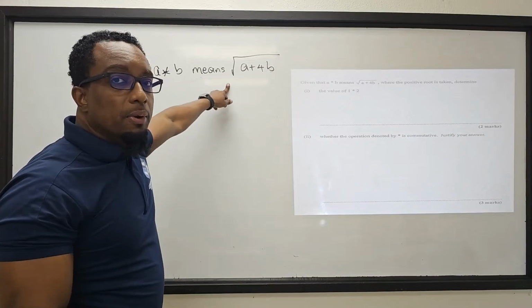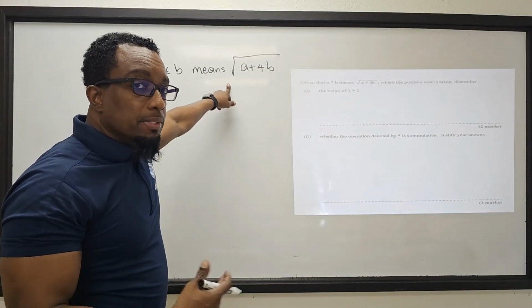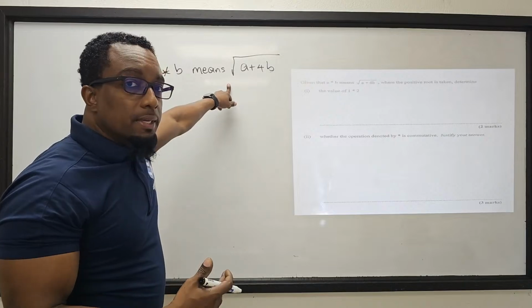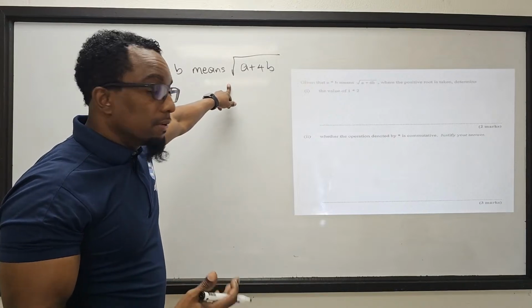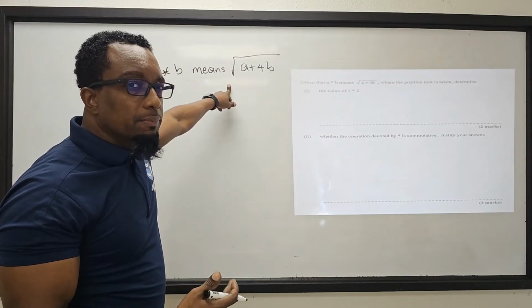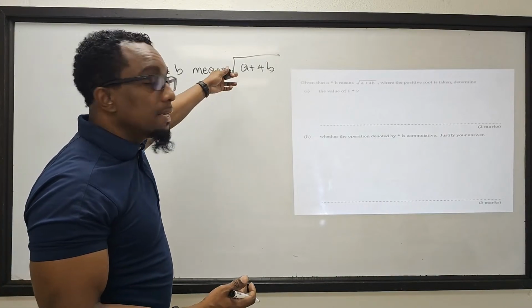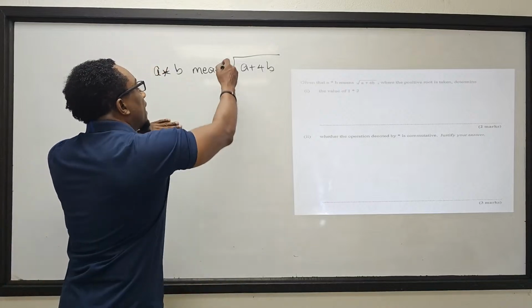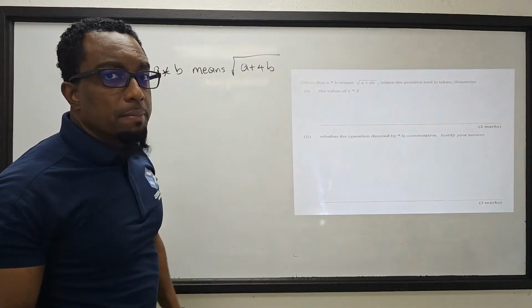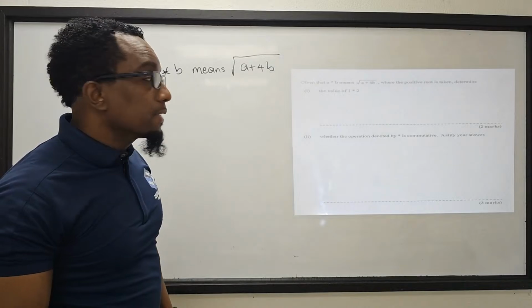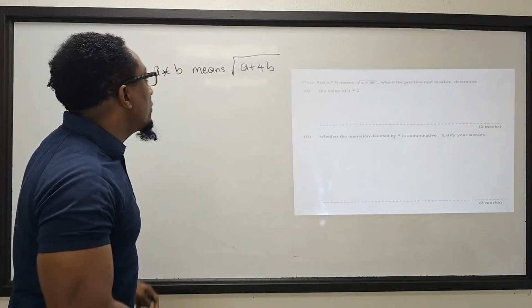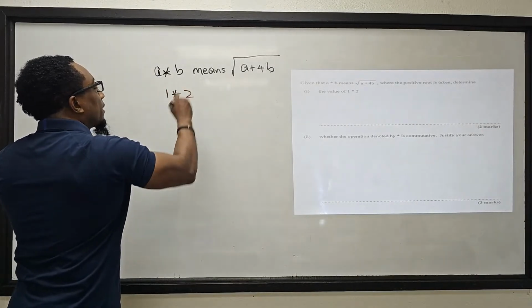When you find the square root of any number, the positive and the negative result are always considered. We have been trained to always focus on the positive result, but when you find the square root, you can obtain a negative result. Hence the reason why we have plus or minus in front of the square root symbol, considering both positive and negative results. Determine the value of 1 asterisk 2.